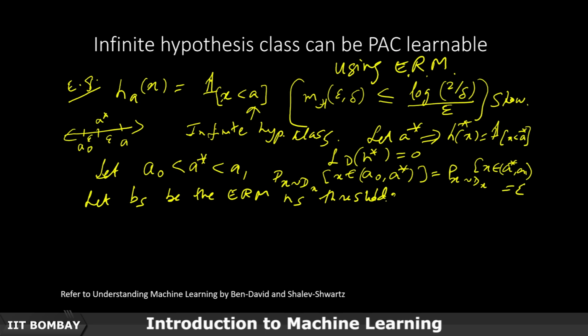Okay, so let's say we have a b0 that is greater than or equal to a0, and b1 which is less than or equal to a1. Sorry, b0 is greater than a0 and b1 is less than a1.